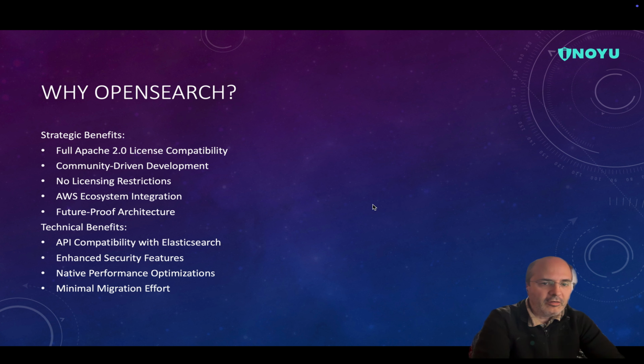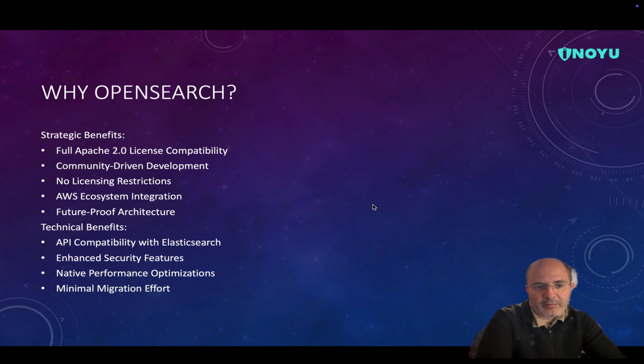It's community-driven development. There are no licensing restrictions, so all the features are available for free. Of course, since Amazon was a big sponsor of the work, it has good integration with AWS. And now they have a new architecture that is quite future-proof with a lot of modules and plugins.